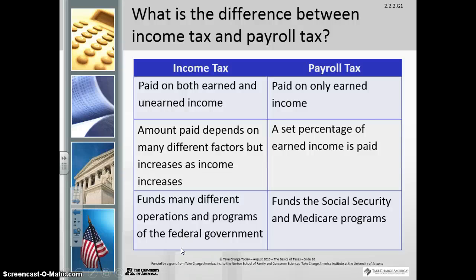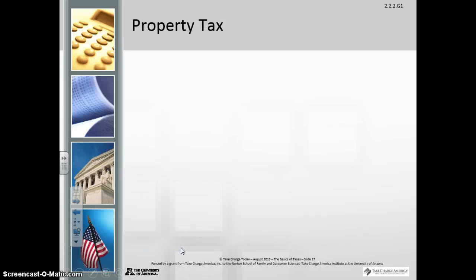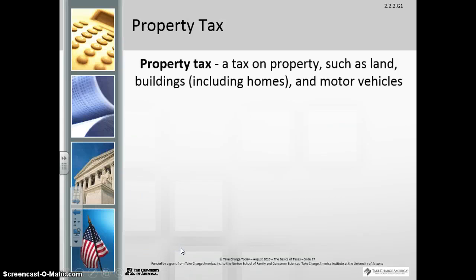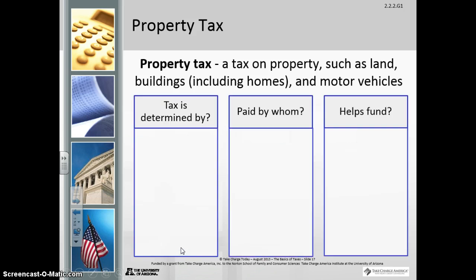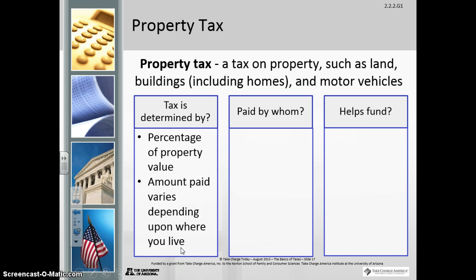The funds for Social Security and Medicare programs are paid for by payroll taxes. Property tax. Property tax is a tax on property such as land, buildings, which includes homes, and motor vehicles. Tax is determined by percentage of property value. The amount paid varies depending upon where you live.